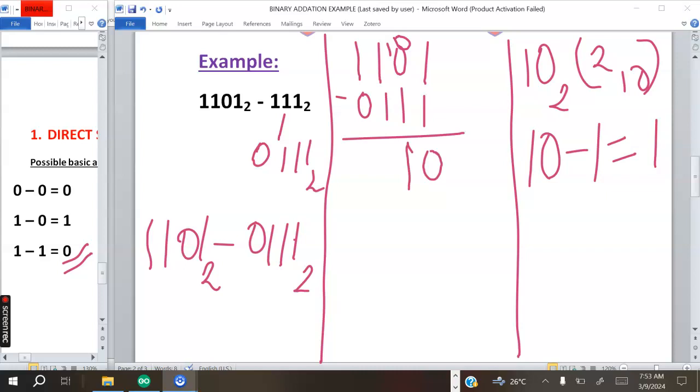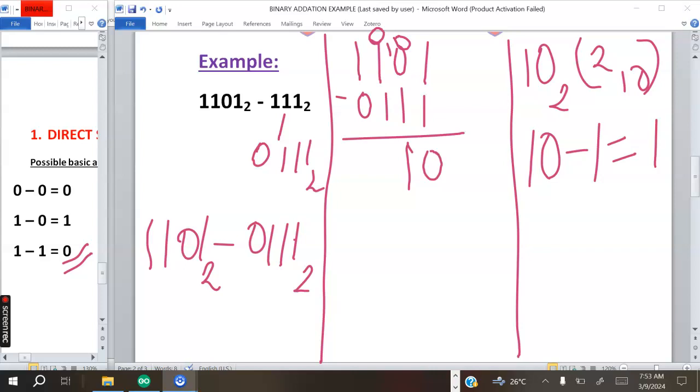Now let's move to the other part. Since we borrowed 1 from the immediate left, the new value is 0. So here we have 0 after we borrowed the 1. So the new value is 0.